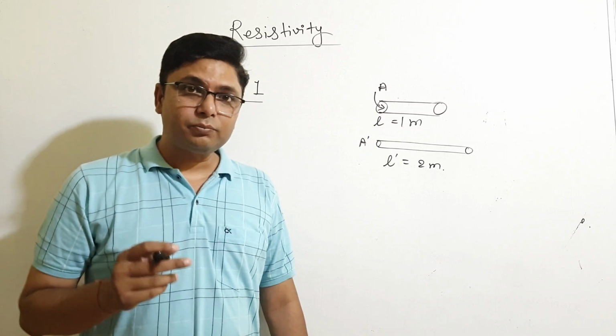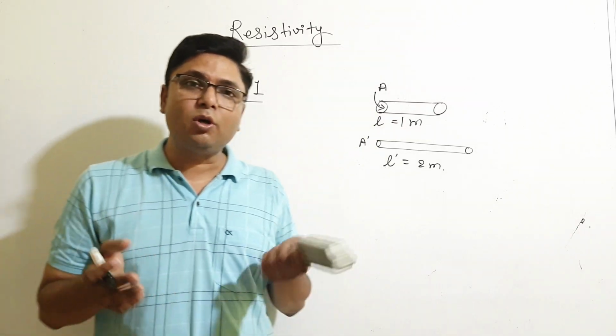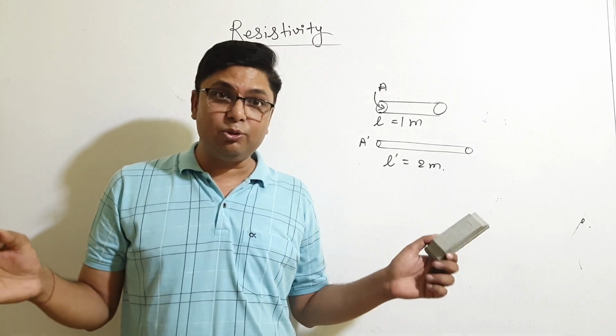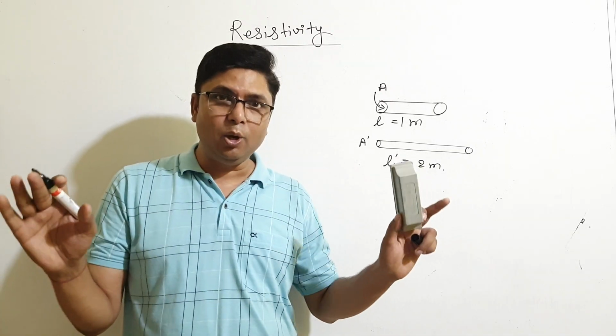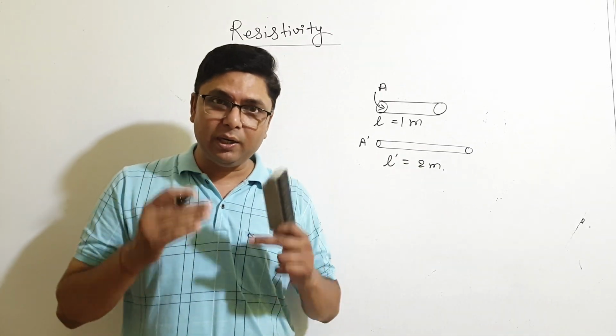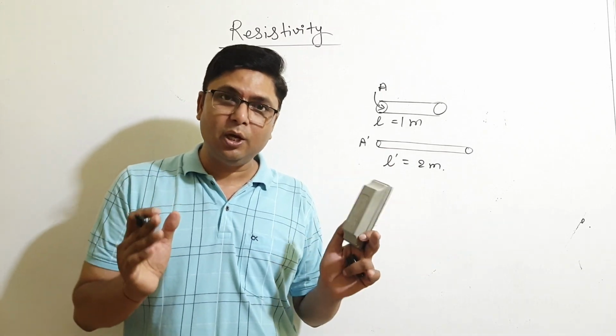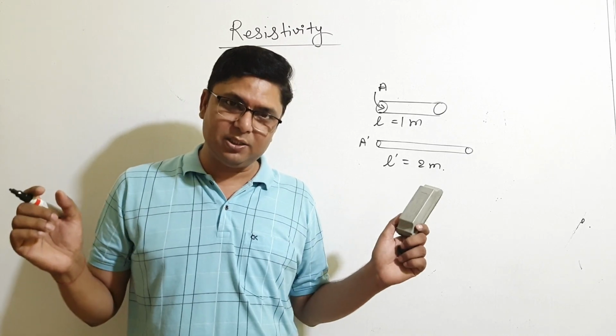Very simple. Resistivity depends on material, so resistivity is a material dependent quantity. So there is no change in resistivity. Old resistivity and new resistivity are both the same, but resistance changes. Now let us see how resistance changes.